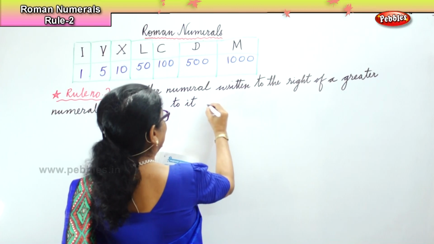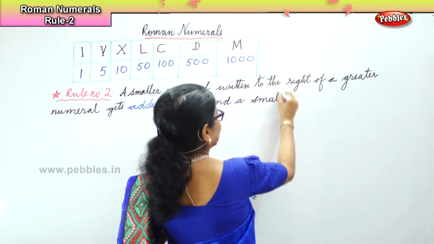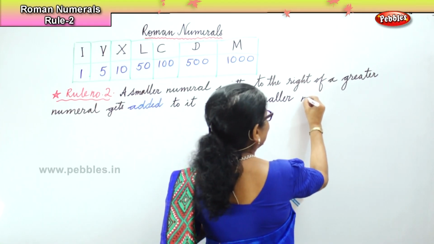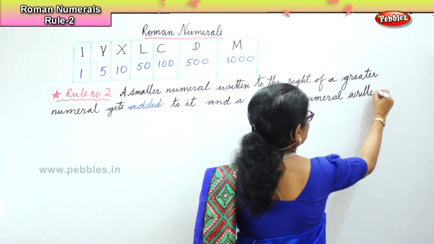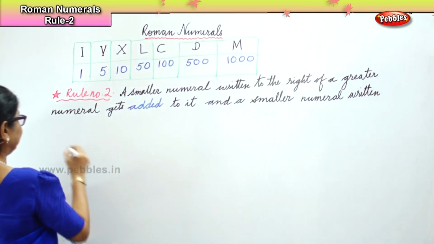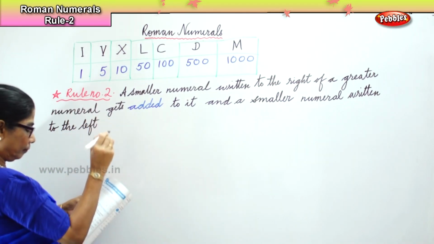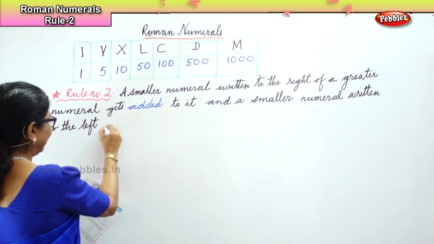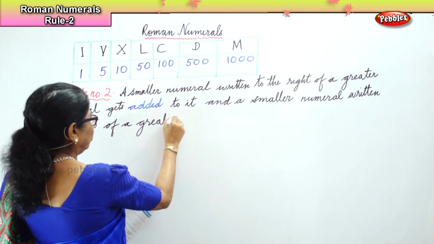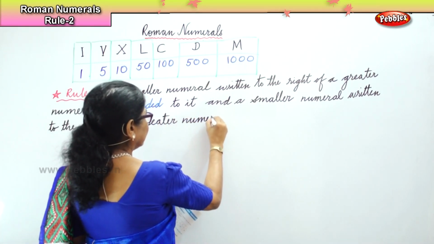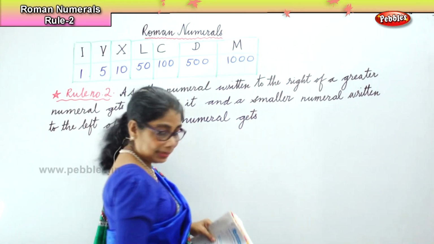And a smaller numeral written to the left of a greater numeral gets subtracted.